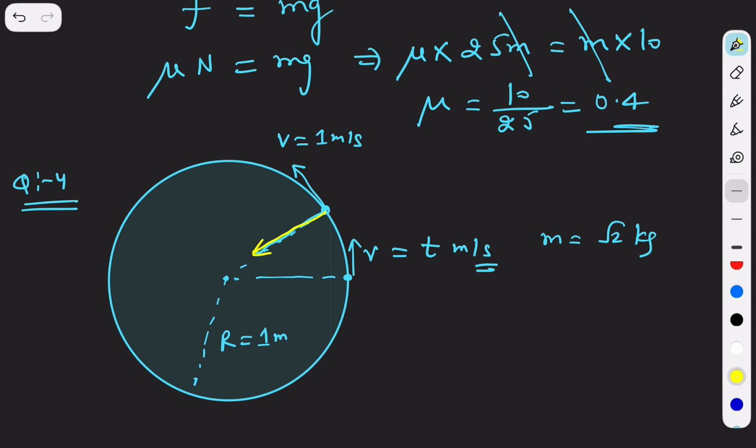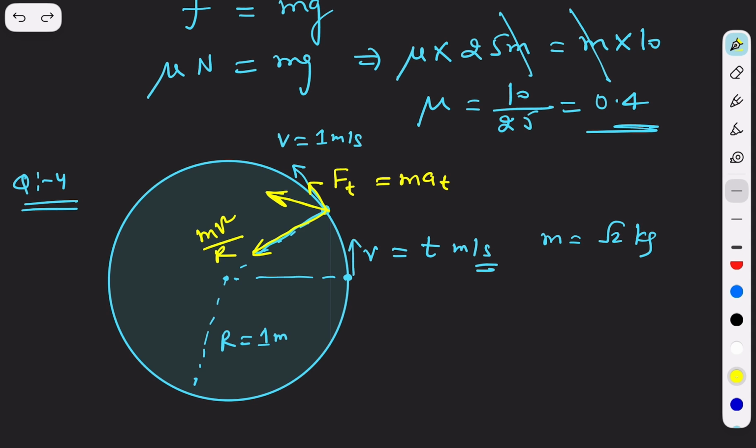And of course, because the velocity is continuously changing in terms of magnitude, it will have some tangential acceleration. So you need some tangential force. F tangential will be m into a_t. So you need this much net resultant force, and it will come from the friction only.